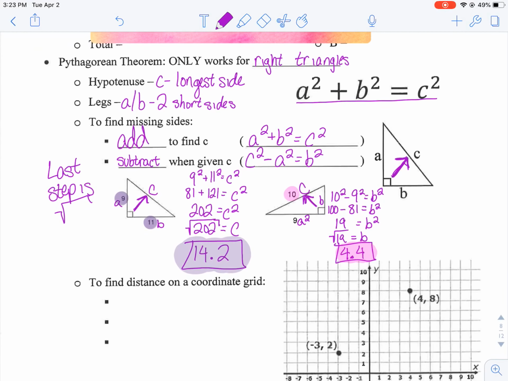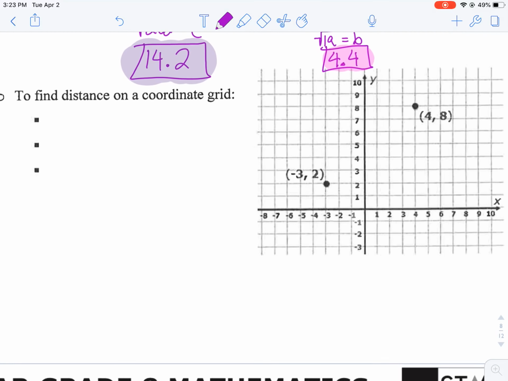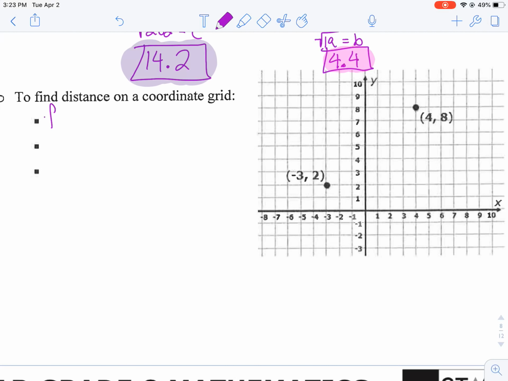Then they also give us Pythagorean theorem on a grid. When we have a grid, we're going to start out and we're going to draw a right triangle.